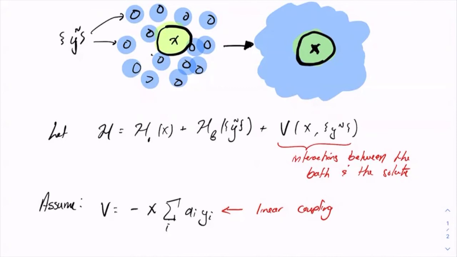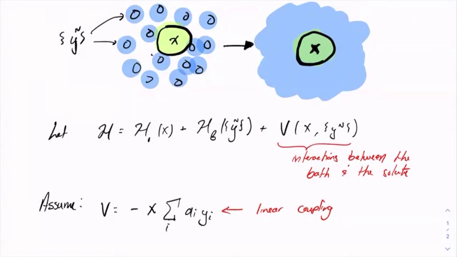Now this bilinear form, linear in both x and y, then is clearly in the class of problems that we've been studying over the last couple lectures.